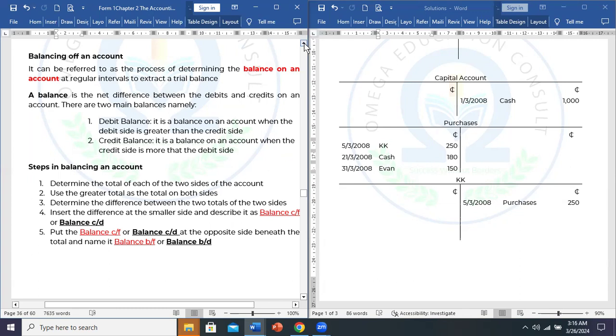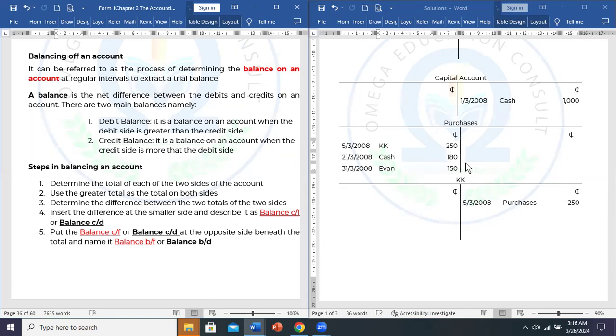What is a balance in the first place? You remember we have two sides of an account, the debit side and the credit side. The difference between these two sides is what is referred to as a balance. You have amounts on these two sides, and when you sum them up you find a difference.